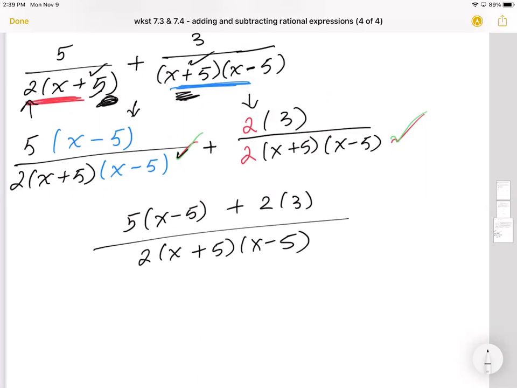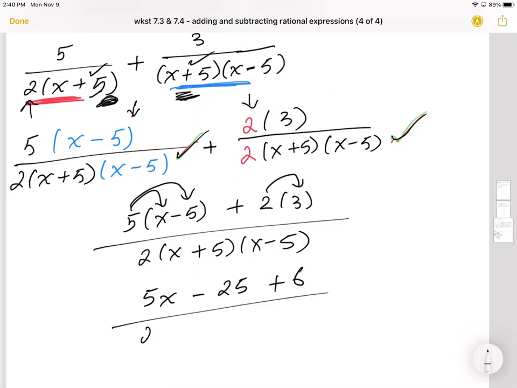Because we have the same common denominator, we keep the denominator and combine the numerator. If you distribute, it gives me 5x minus 25 plus 6, again all over 2x plus 5, x minus 5.